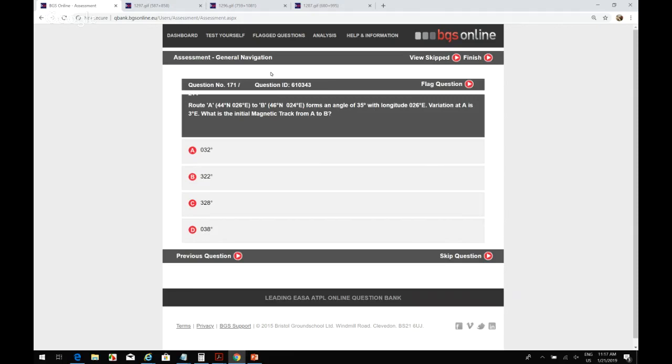So it's not going to be 270 minus 35, is it? Because it's a different latitude. It came from 44 to 46. That's 35 degrees. So route A to B forms an angle of 35 with longitude 26.